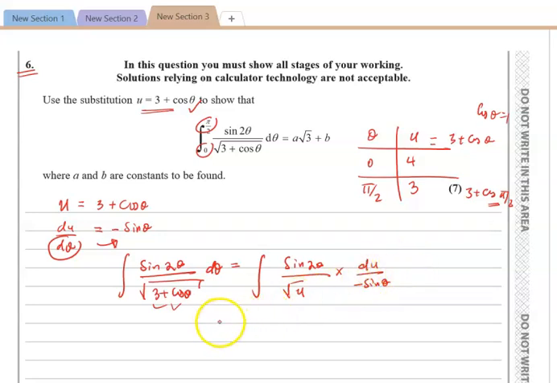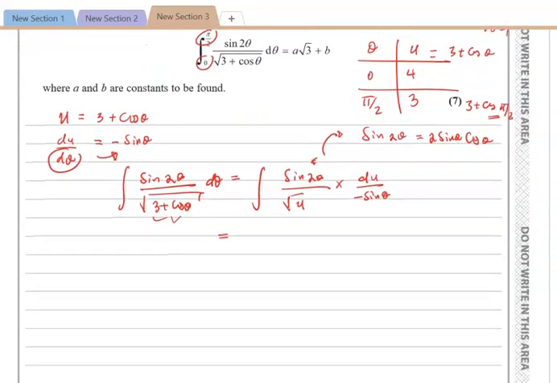Now, you can see that nothing is cancelling out. That means you have to think about how to remove this sine of 2 theta, and you can do this using the trig identity of the double angle. That's sine of 2 theta equals 2 sine theta cos theta. So your integral now is 2 sine of theta cos of theta over u to the power of a half, multiplied by du over negative sine of theta.